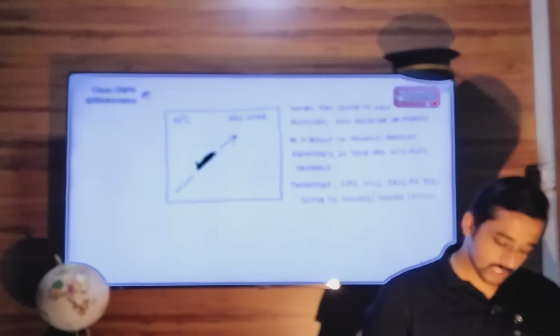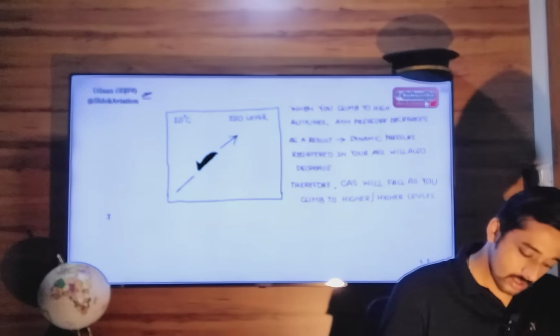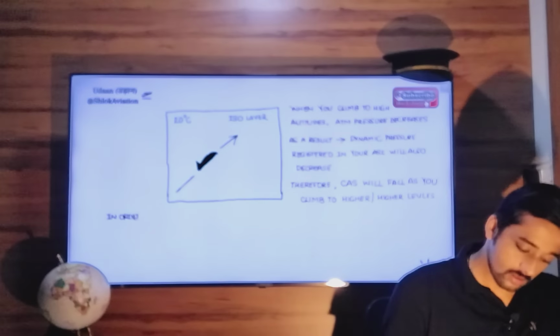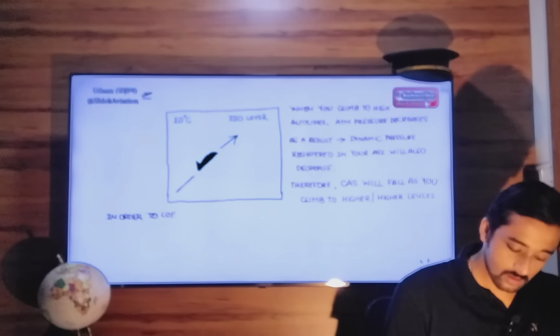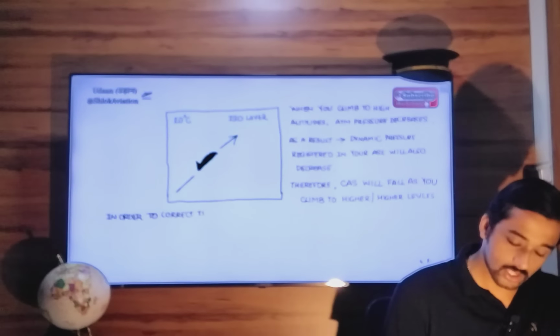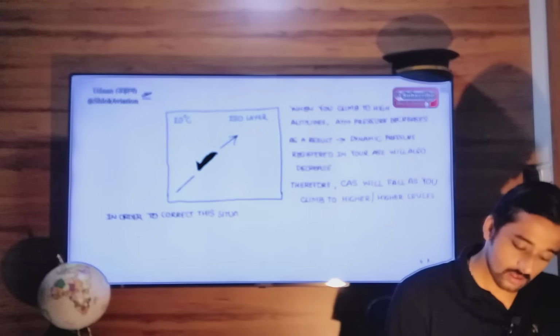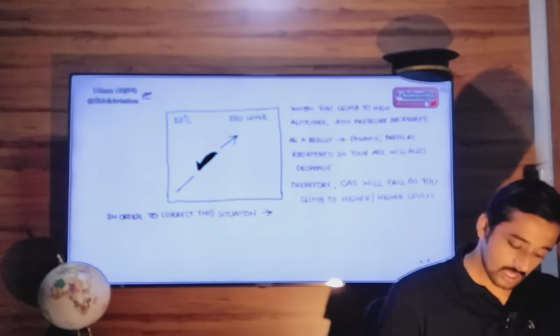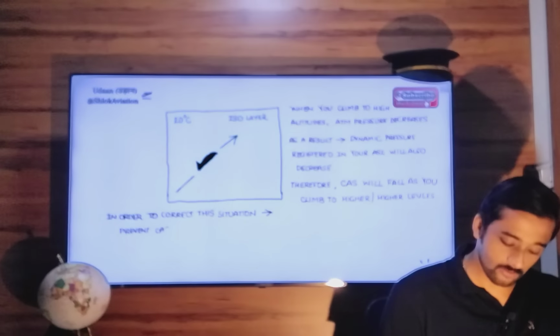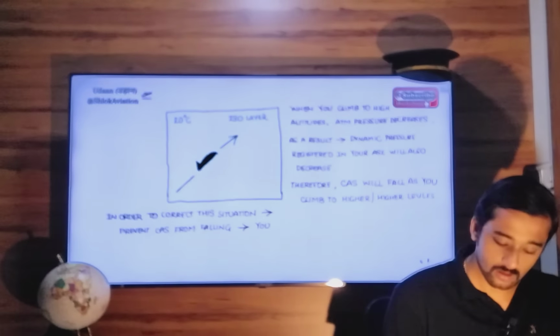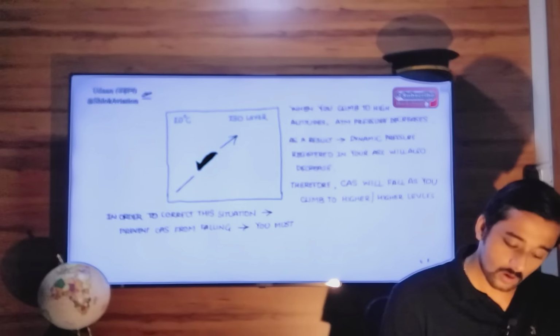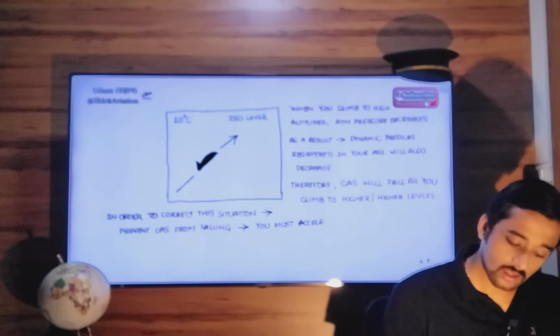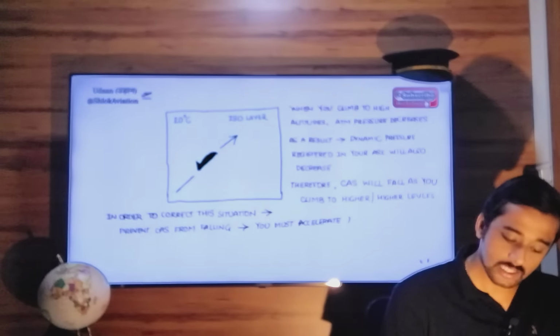In order to correct this situation, that is, prevent the calibrated airspeed from falling or decreasing in value as you climb, you must increase or accelerate the airspeed of your aircraft.